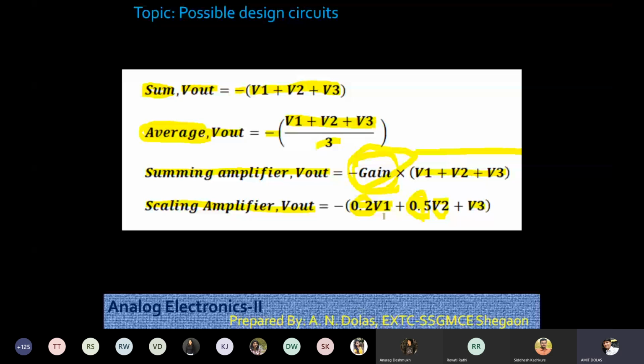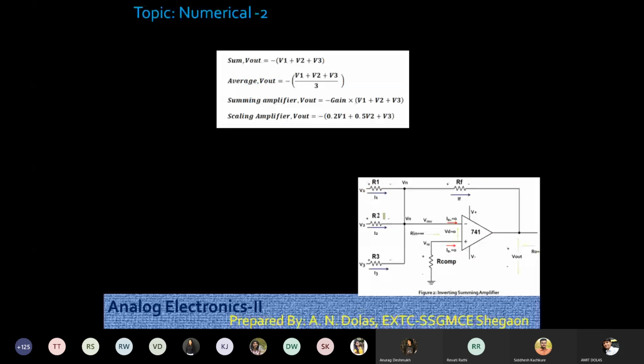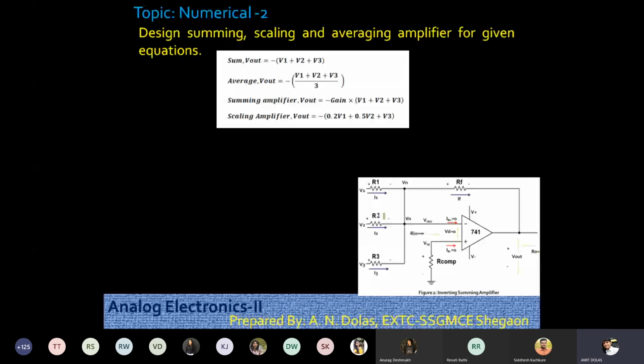So I'll move to the next. Numerical. What is the problem statement? I have mixed up all 4 together on this PPT, but in the examination there will be 1 or 2. So design summing, scaling and averaging amplifier for the given equation.